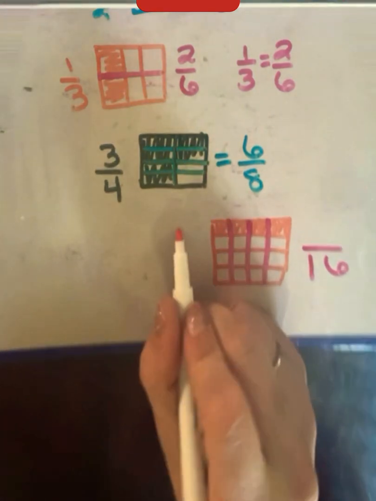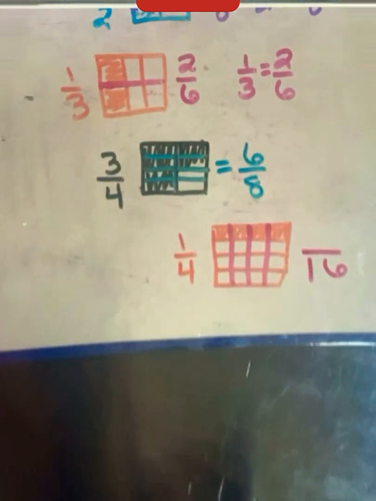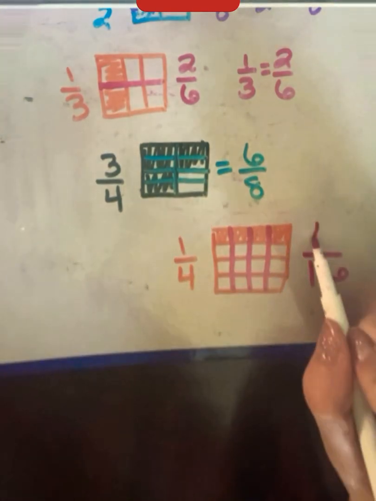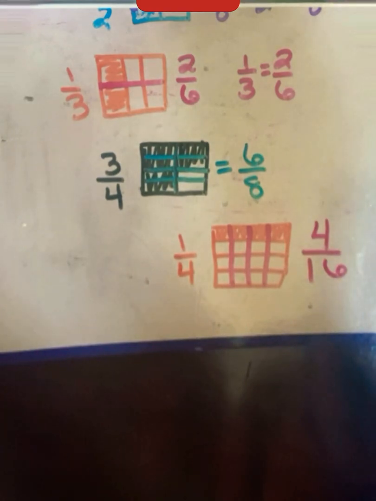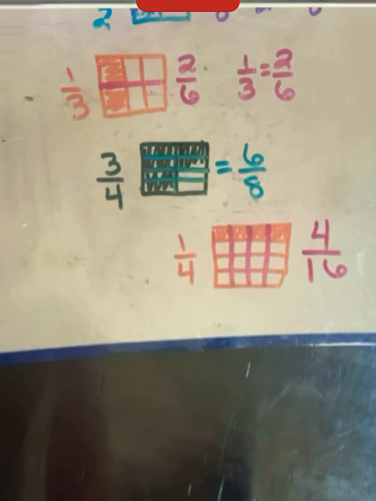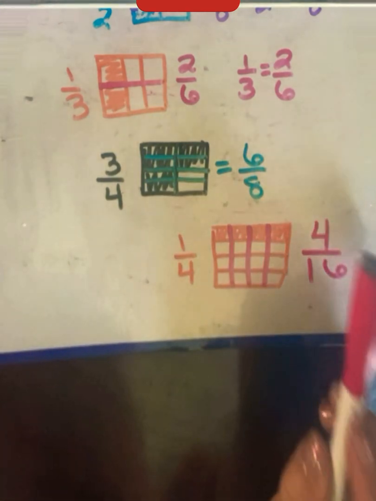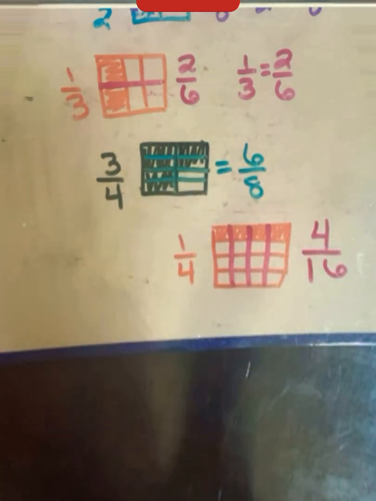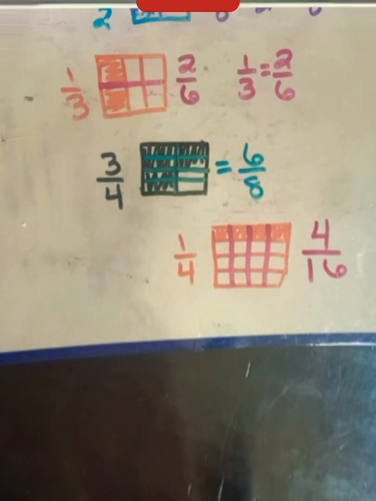Started with 1/4. How many 16ths? I'm going to give you guys a second to answer. Really hoping you said 4, because that would be the right answer. Okay. And what's interesting is if we were to divide 16 by 4, we would actually get 4. So there are some cool things with division involved in there.